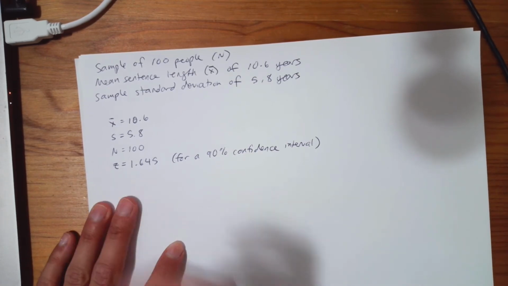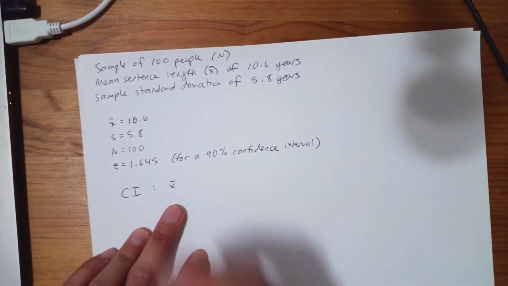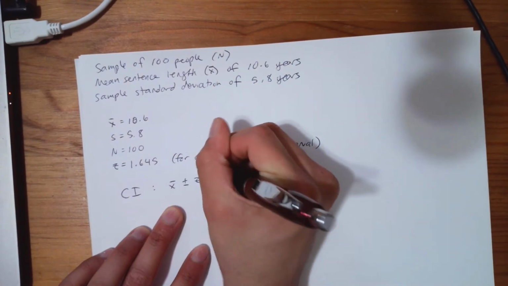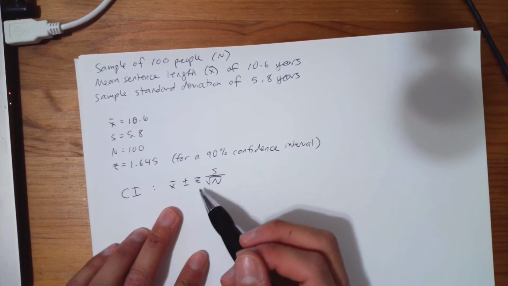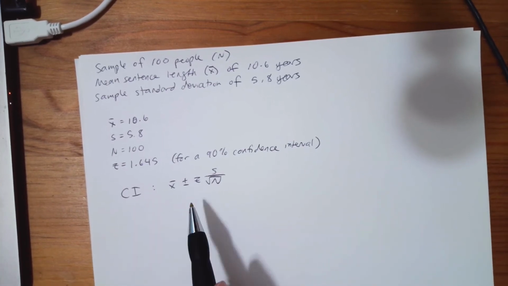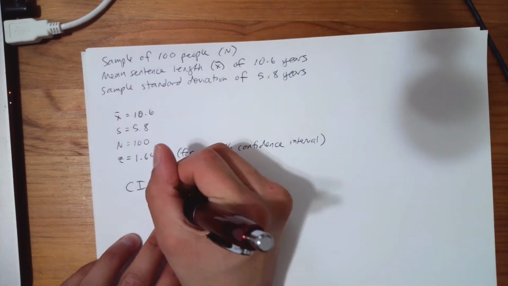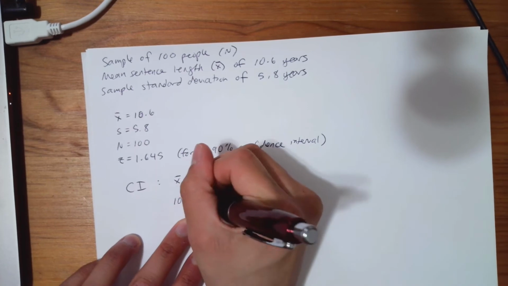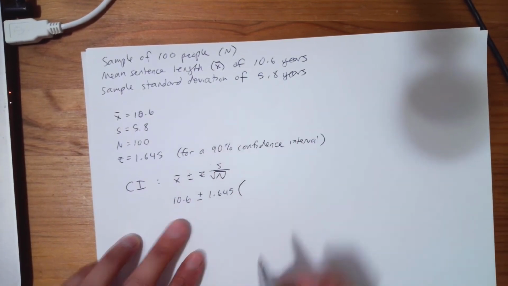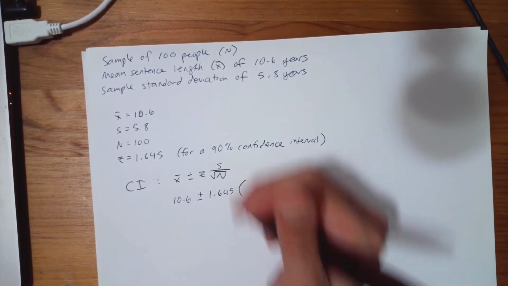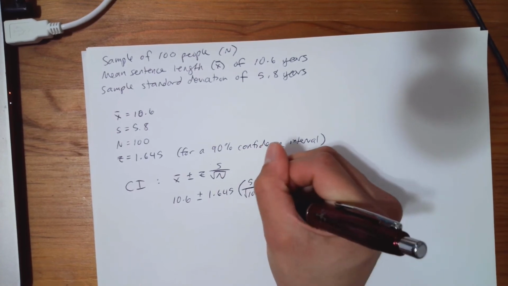So now we're going to take our nice confidence interval formula and plug stuff in. So our confidence interval formula using estimated standard error is going to be given by this, where you have your sample mean, which is 10.6, plus or minus your critical z-value, which is 1.645, times your sample standard deviation, which is 5.8, divided by the square root of your sample size, which is 100.